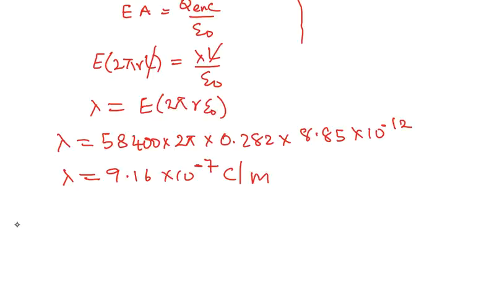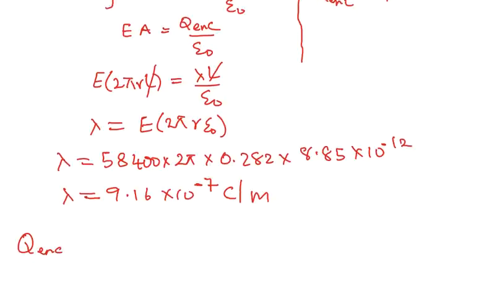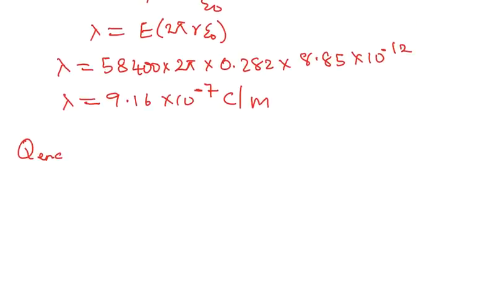So now we have to look at the Q enclosed. We've defined the formula to be lambda, the linear charge density, multiplied by the length of the cylinder.